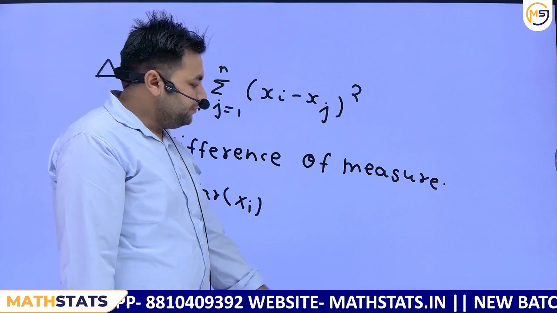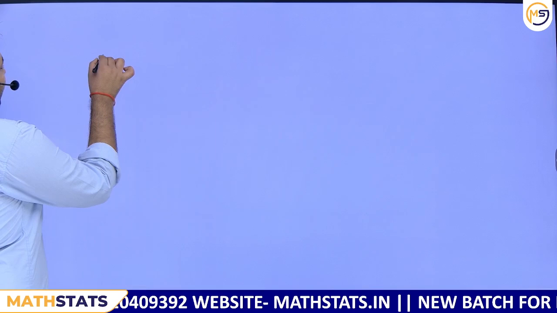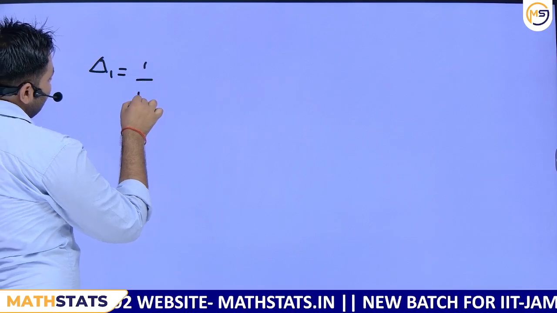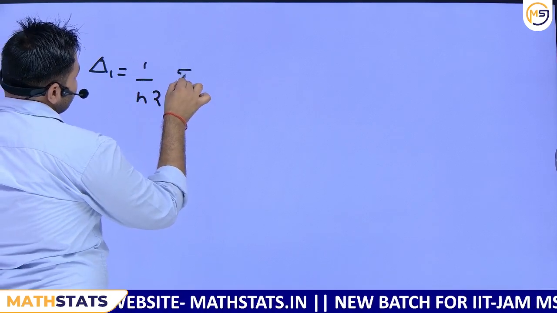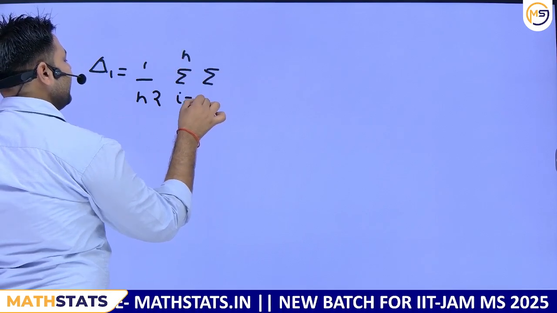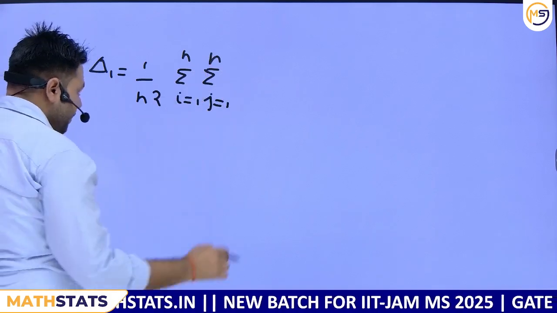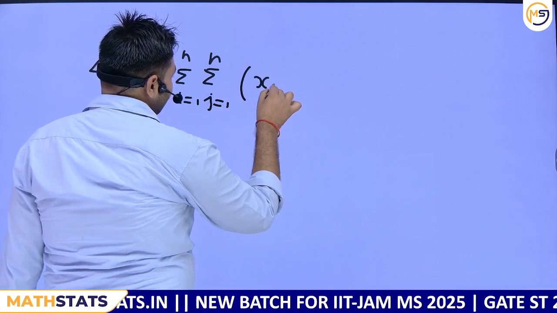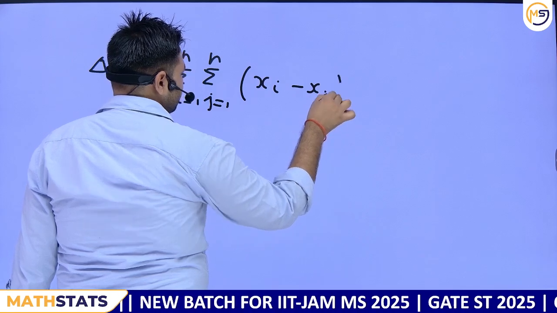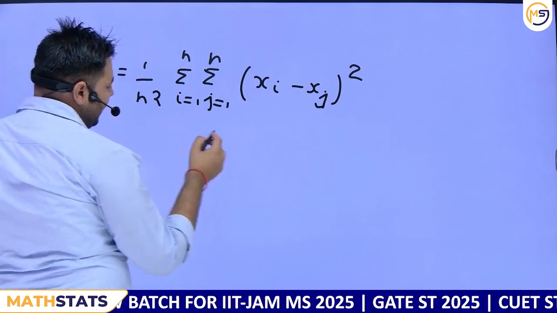How can you prove it? See, suppose delta equal to 1 upon n square, double summation i equal to 1 to n and j equal to 1 to n, (xi minus xj) square. Now add and subtract x bar.